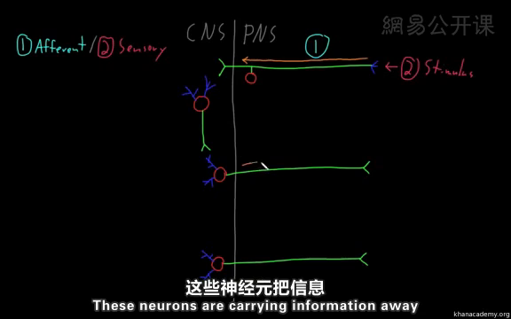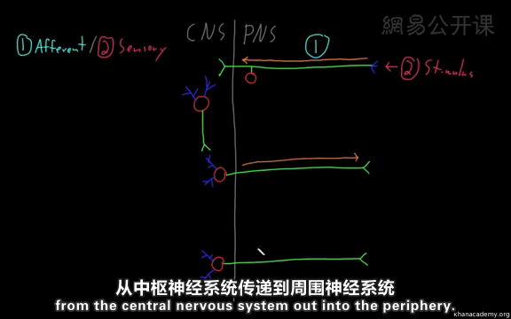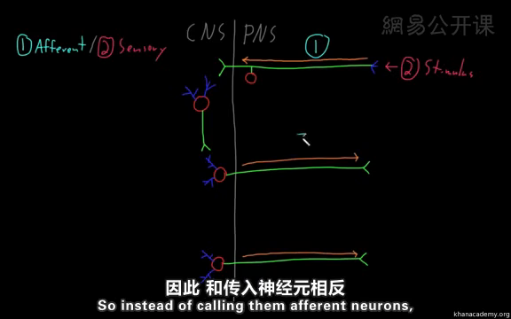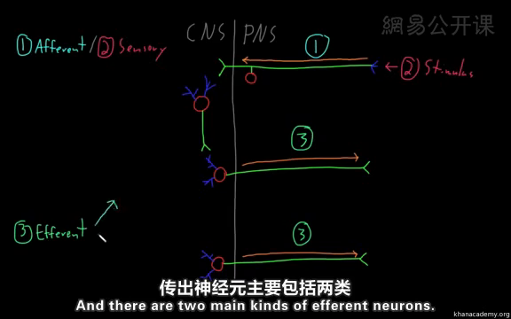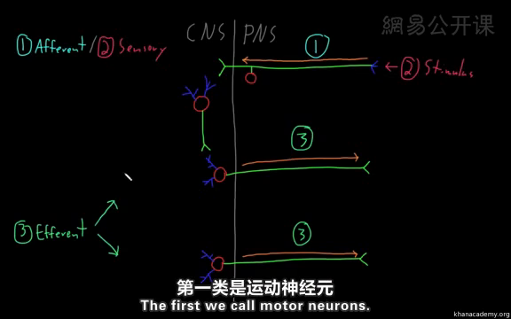These neurons are carrying information away from the central nervous system out into the periphery. So instead of calling them afferent neurons, we call them efferent neurons. Efferent. And there are two main kinds of efferent neurons. The first we call motor neurons.